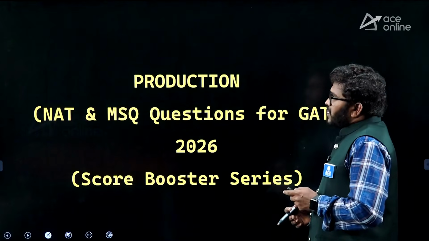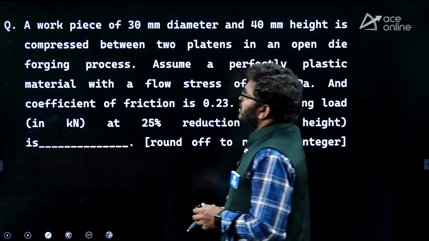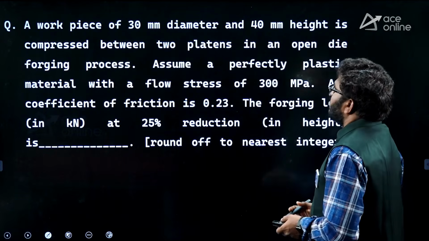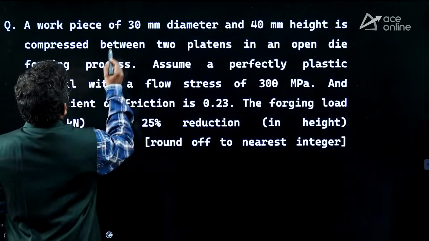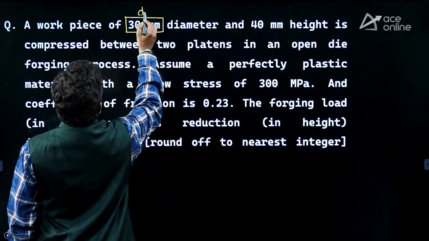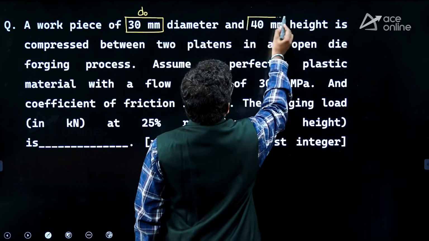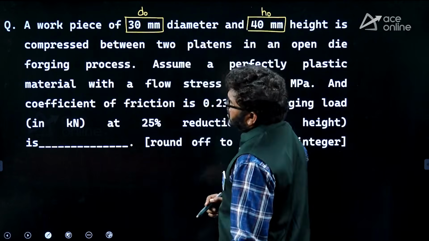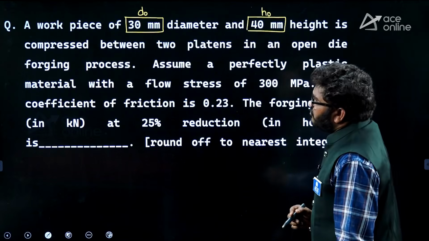Now see the question: a workpiece of 30 mm diameter and 40 mm height is compressed between two platens in an open die forging process.